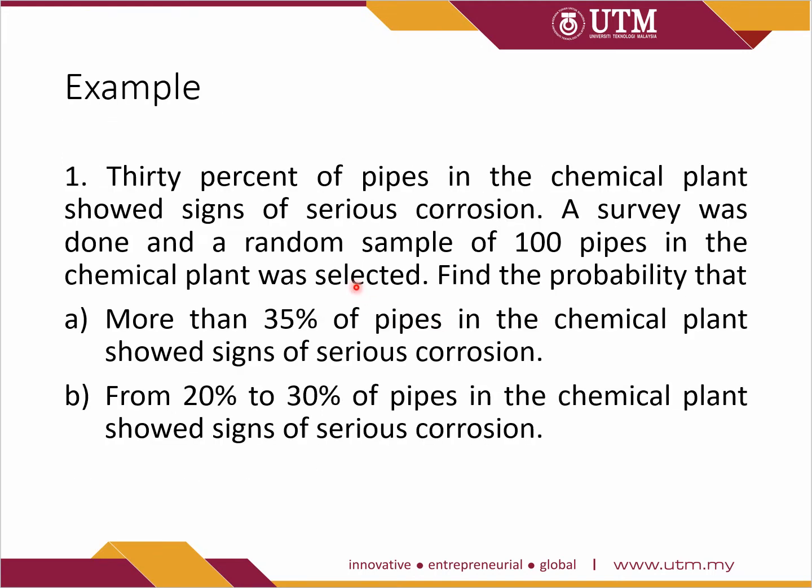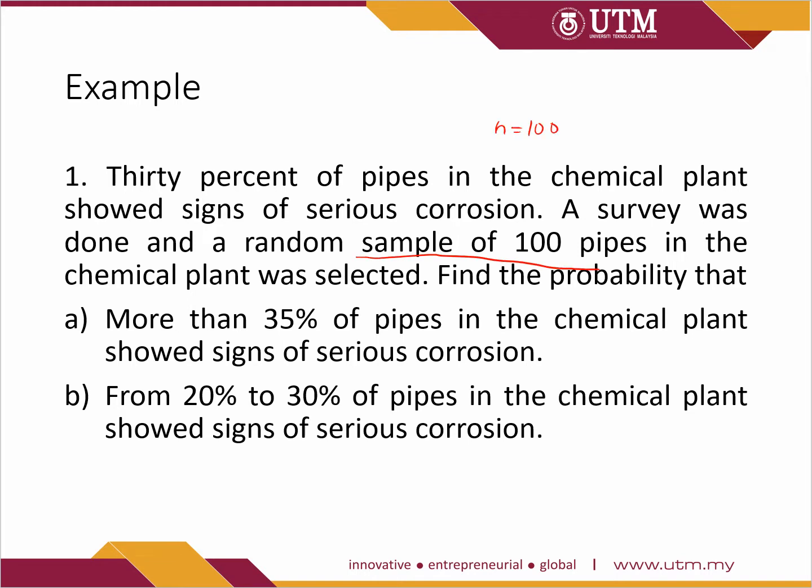Now let's try the example. 30% of pipes in the chemical plant showed signs of serious corrosion. A survey was done and a random sample of 100 pipes in the chemical plant was selected, so n is equal to 100.